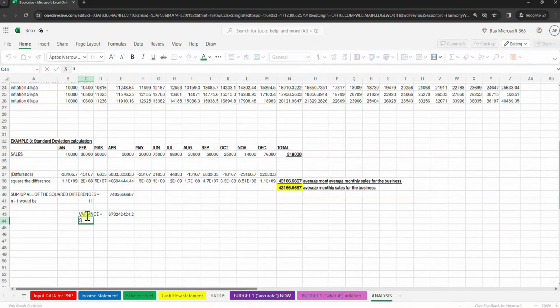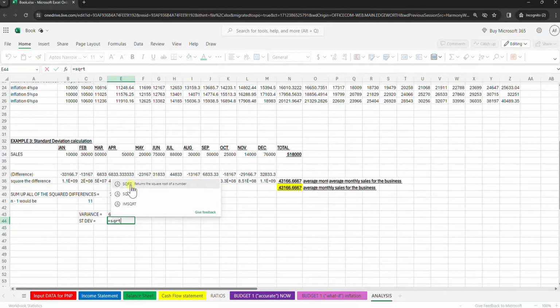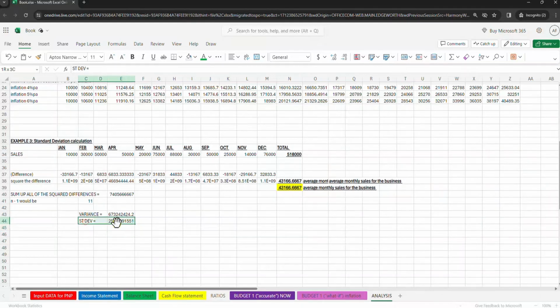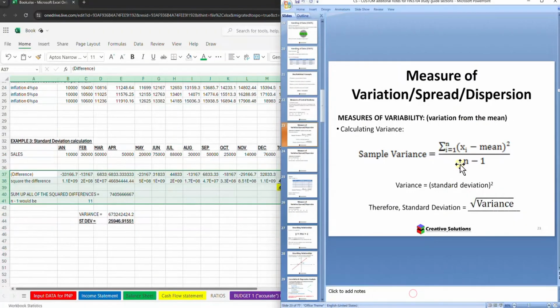Obviously standard deviation is the square root of the variance. So square root of the variance gives you that figure. Notice this is the standard deviation for all of this using a very long formula, which was basically what we had here.